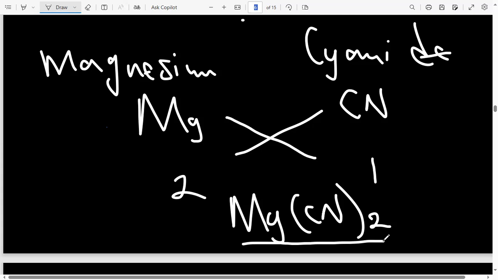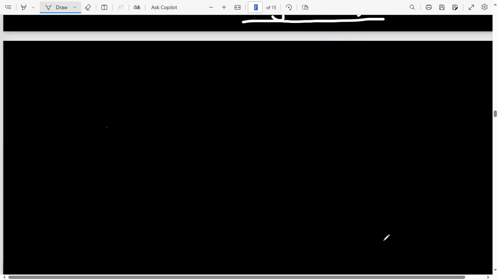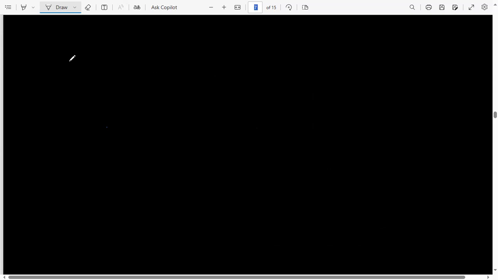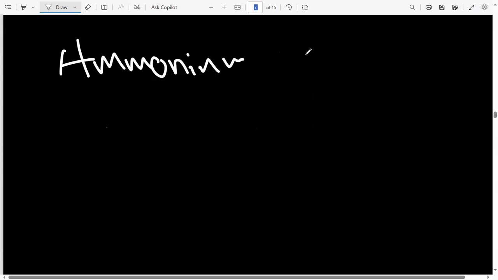All right, and then the last one for today was ammonium acetate. I think I didn't give the charge for the acetate, and I also didn't give its formula. Ammonium and acetate are both radicals.